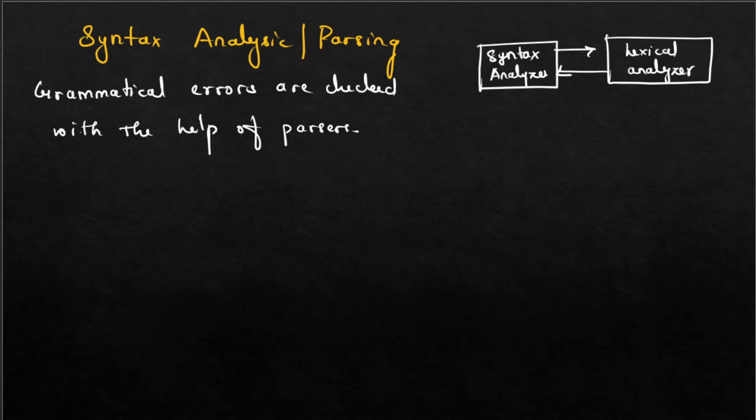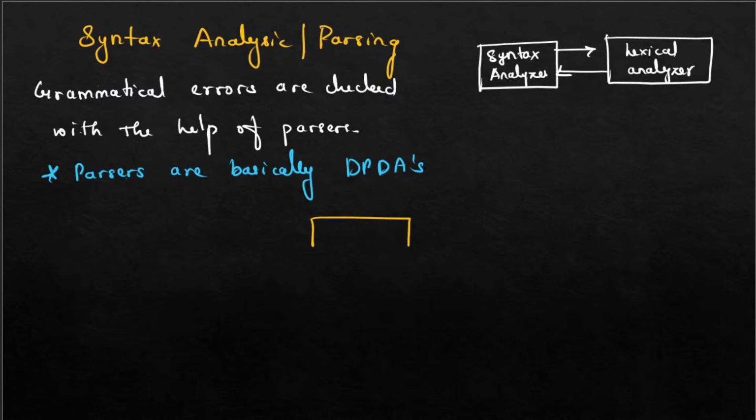Now, for example, parsers are basically DPDAs. Okay, now let's draw a parse tree. So this is a parser.